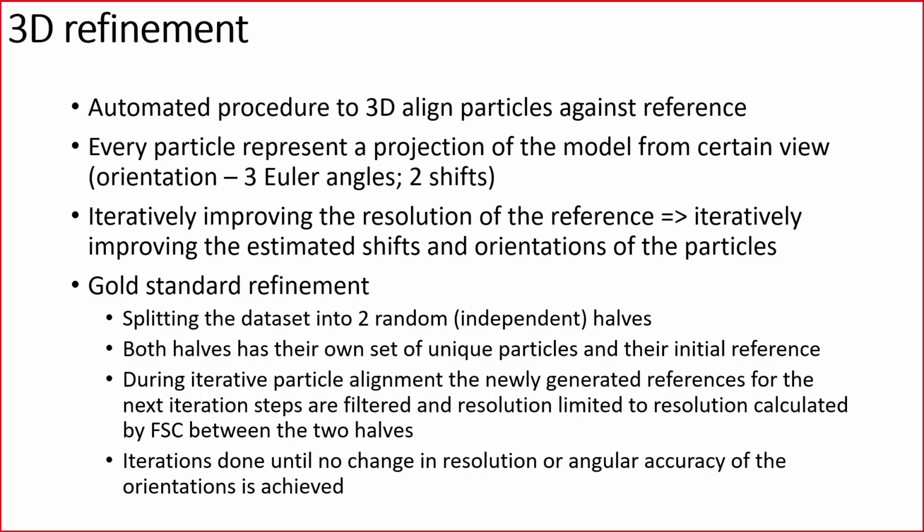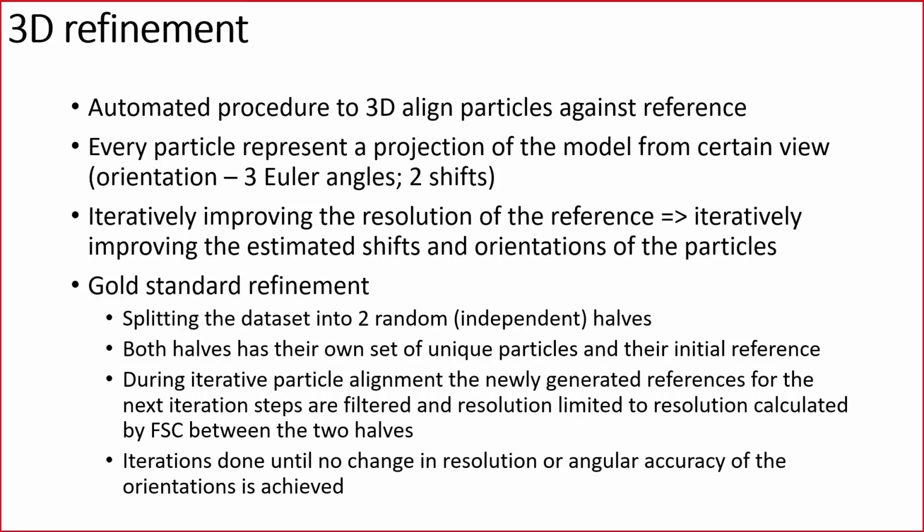And plus, there is another thing that tries to avoid biasing our resolution. It's called gold standard refinement. This gold standard refinement relies on splitting our measured data, all our particles, into two sets, two halves. And into these two halves, we are randomly selecting our particles, and all the particles are only in one or in the other half, but there is no particle shared between the halves.